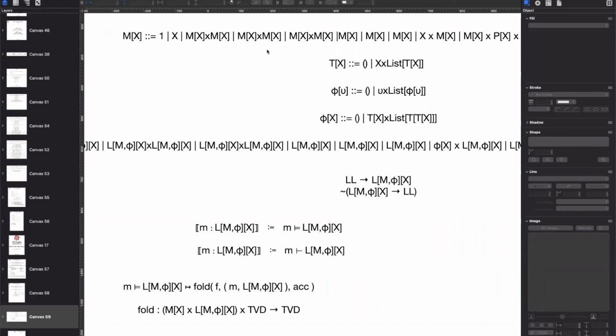We take a syntax like this and transform it to a new syntax where we've got source and target constructors. And then the rewrite rules are the arrows built from the source and the target.